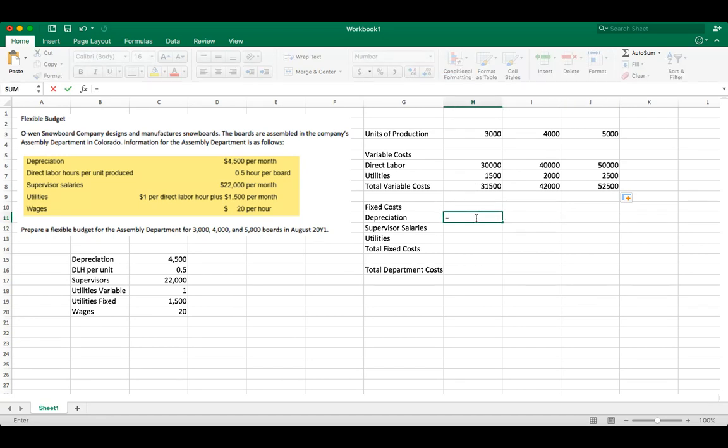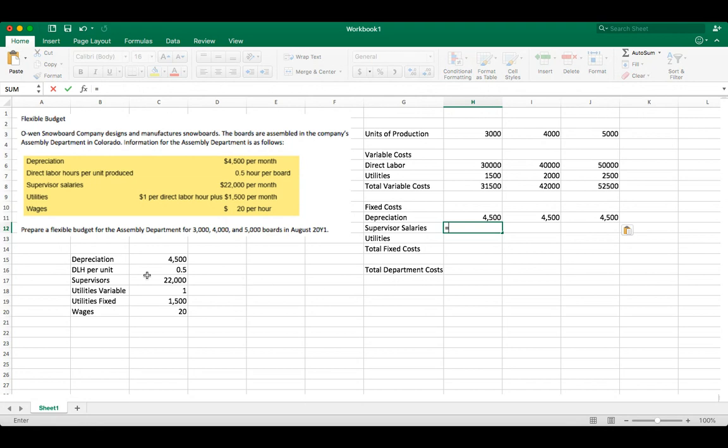Depreciation is going to be equal to this. So what this says right here is going to be the same across the board. And that's because your fixed costs, again, remain the same at all activity levels.